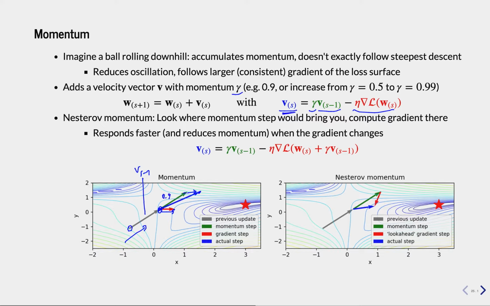Momentum is typically very useful, especially because it makes sure that your trajectory is not influenced by some local aberrations of the surface of the loss function here.